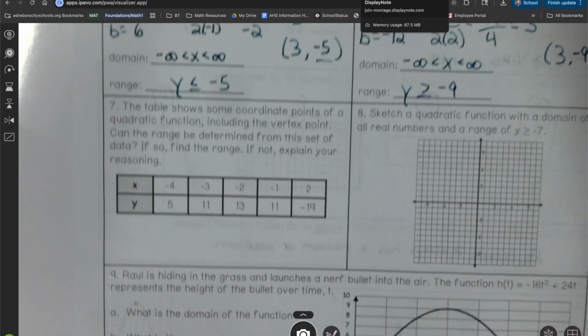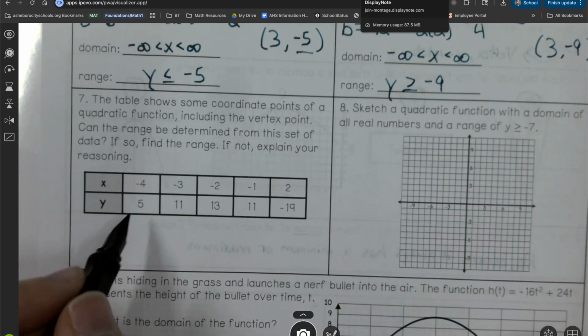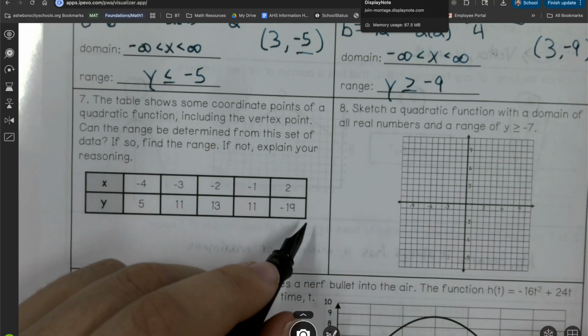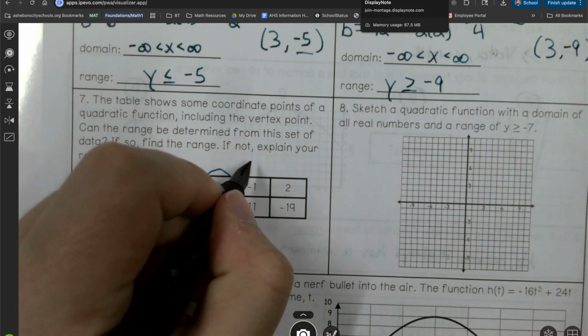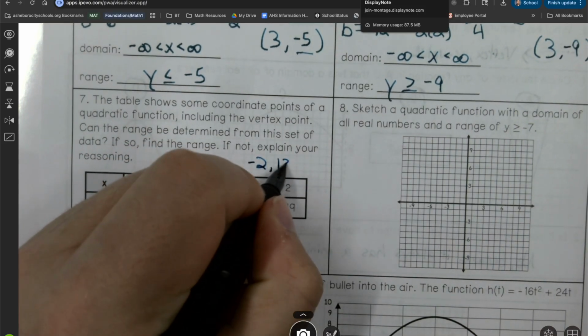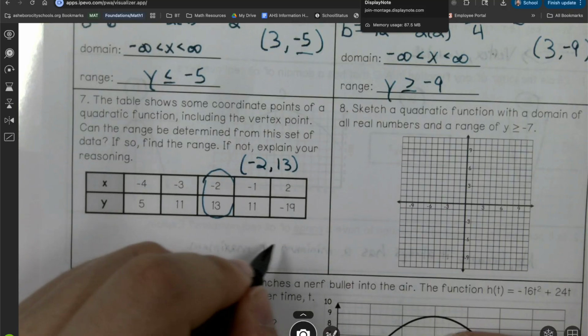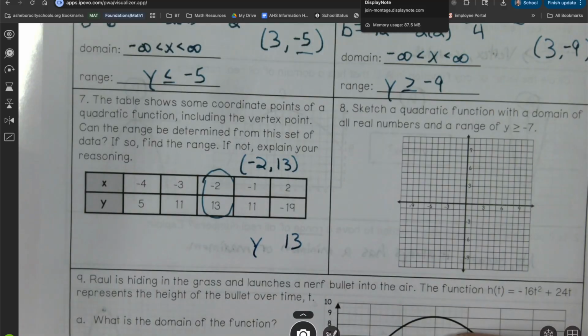So the next one we got here is a table one. So we're going to see if we can find the vertex from this table. So here I see it's going up, up, and then down, and then down. So this is my vertex, -2, 13. Which means that our range is going to be something to do with that 13 and y.